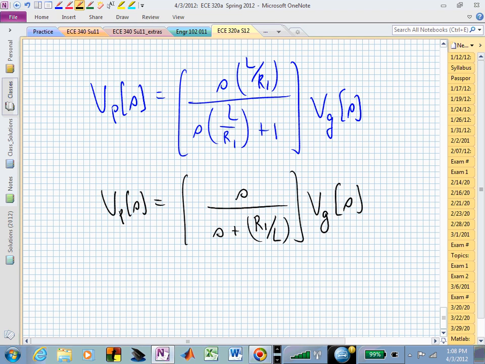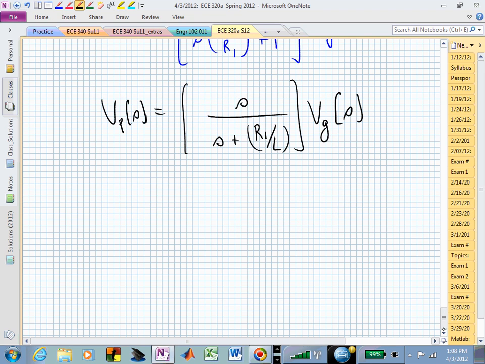So this transfer function looks something like this, where this particular location is R1 over L. This slope is due to the zero, and we're coming up at 20 dB per decade, that zero at the origin. So this is like a high-pass filter behavior and not a low-pass filter behavior. And this is just the first piece of the overall circuit.